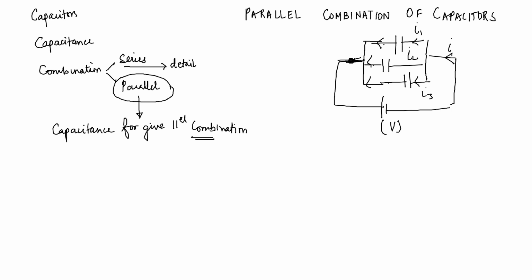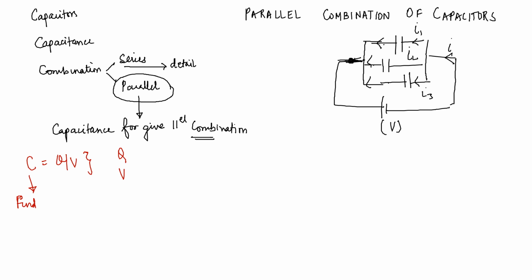Now while we were reading about the series combination, we have seen that capacitance is given as Q upon V. Here this is the thing which we need to find, for which we are struggling and for which we are deriving few things. So the two components which are left are charge and voltage.